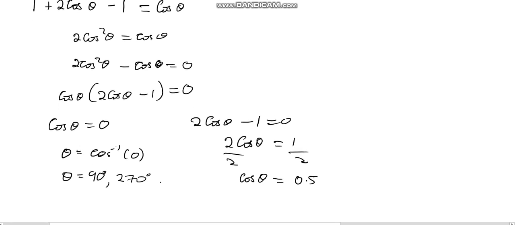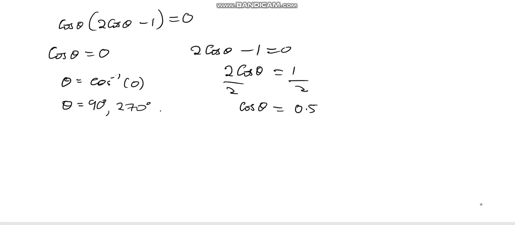It is at this point that we have to determine in which quadrants our solutions for theta are going to come from. Cos theta is being equated to 0.5, which is a positive value. When we remember the concept of quadrants, all are positive in the first quadrant, the sine function is positive in the second quadrant, the tangent function is positive in the third quadrant, and the cosine function is positive in the fourth quadrant.